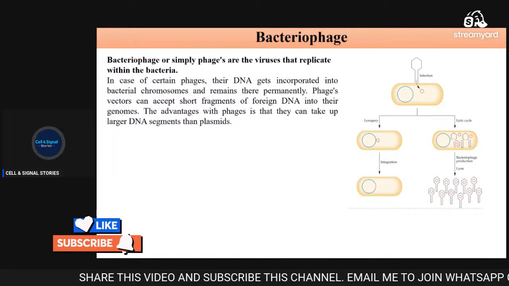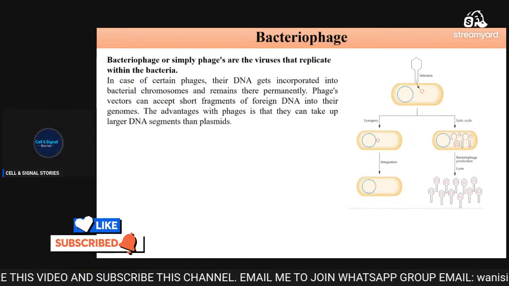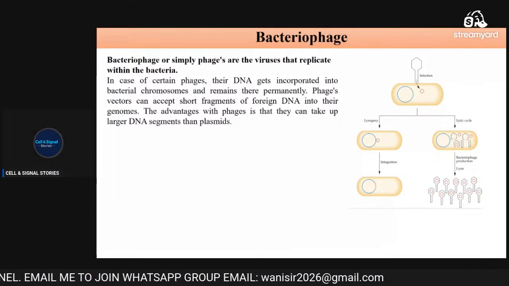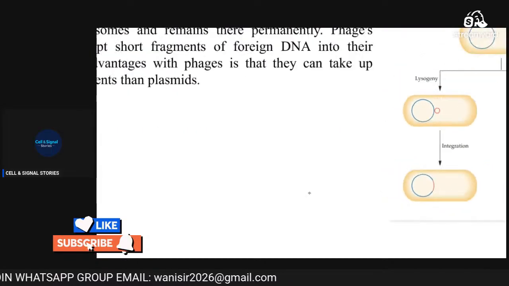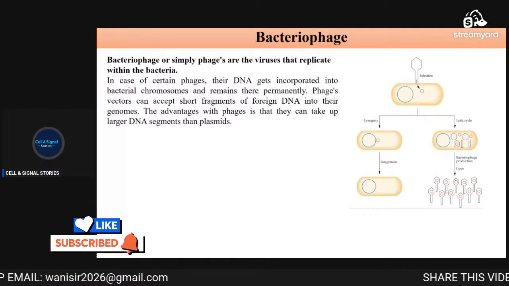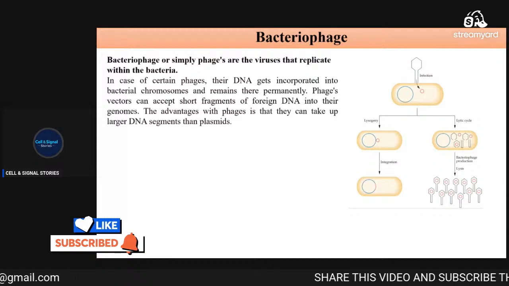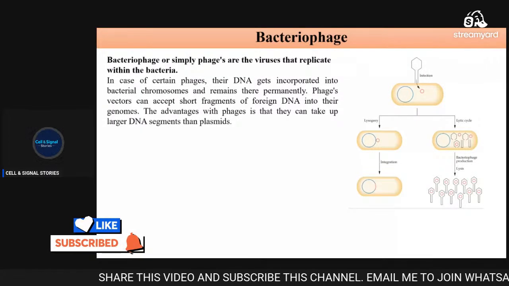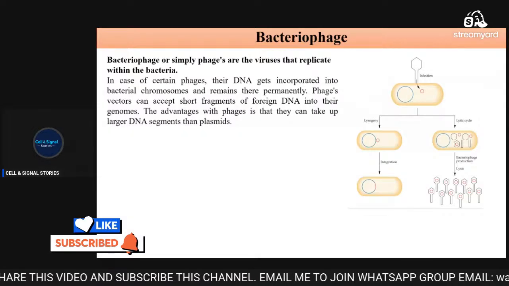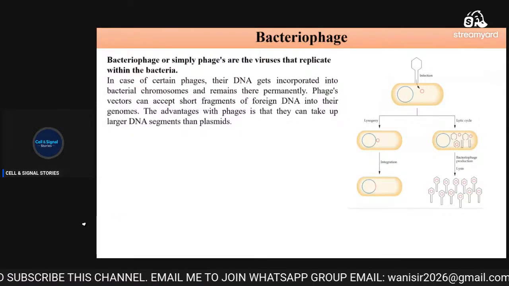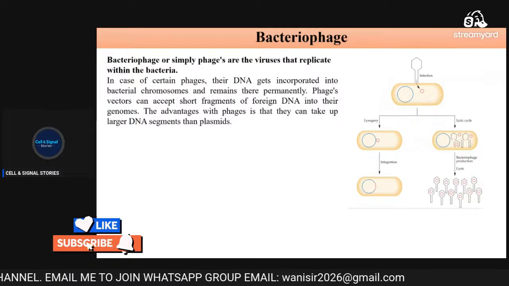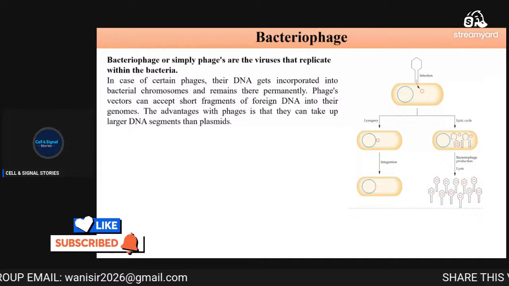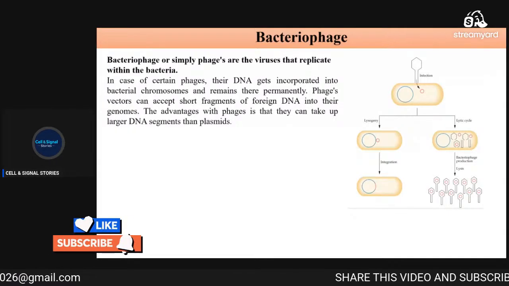The bacteriophage has DNA inside it, and this phage vector is important for it. When it enters the bacteria, either it remains permanently there or sometimes it replicates. And there are two ways. If it remains permanently there, then it goes into the lysogeny phase. If it replicates itself and makes multiple phages, then it goes into the lytic phase.